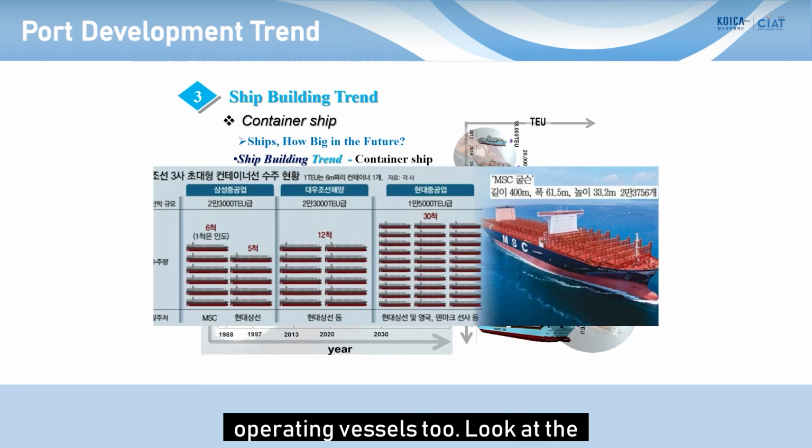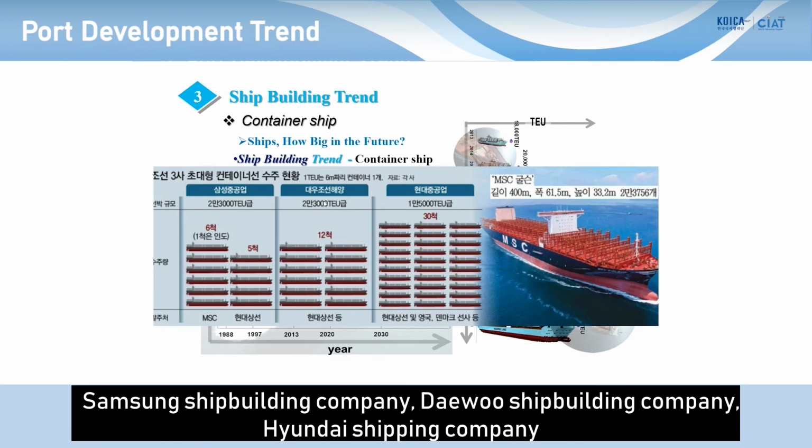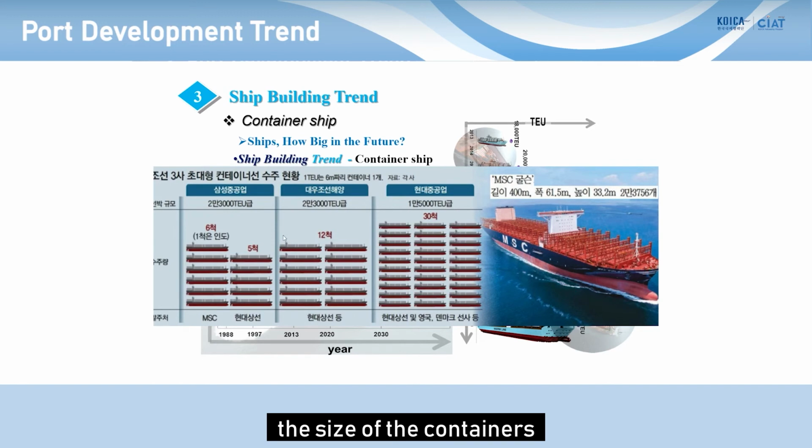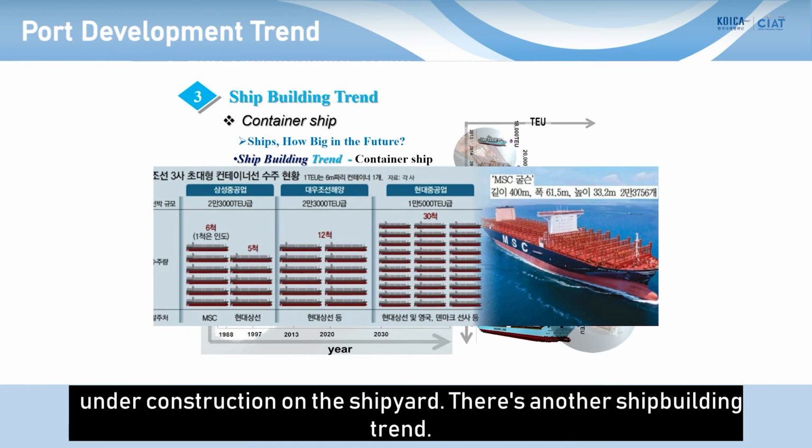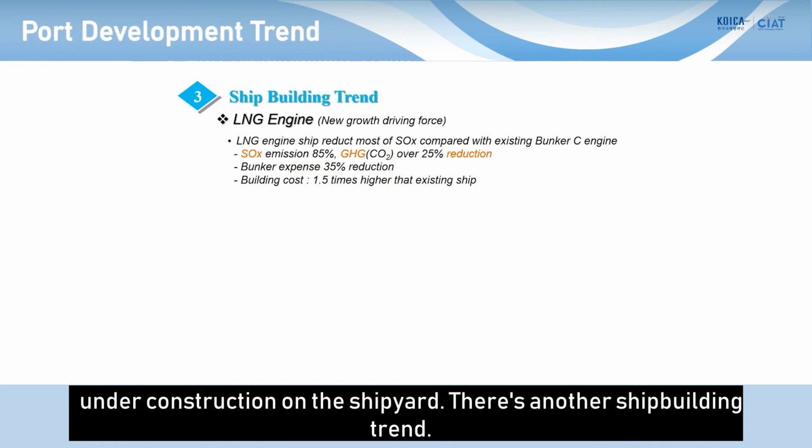Look at, I'm sorry, it is Korean language, but the Samsung Shipbuilding Company, Daewoo Shipbuilding Company, Hyundai Shipping Company, the size of the containers are over 23,000 TEUs. So these are the main class under construction in the shipyards.